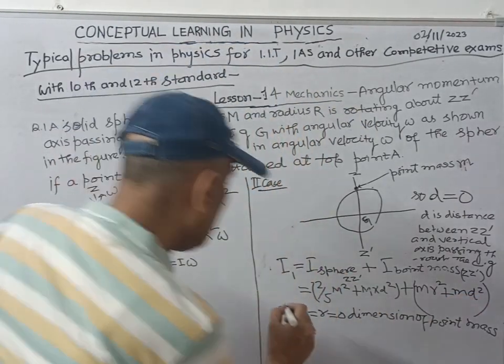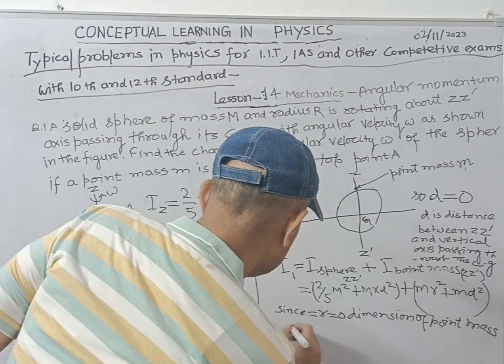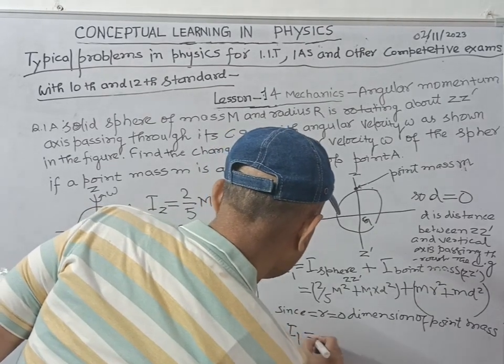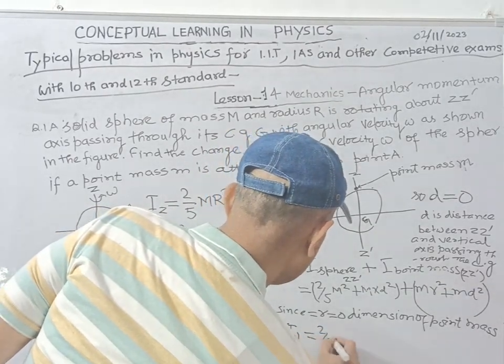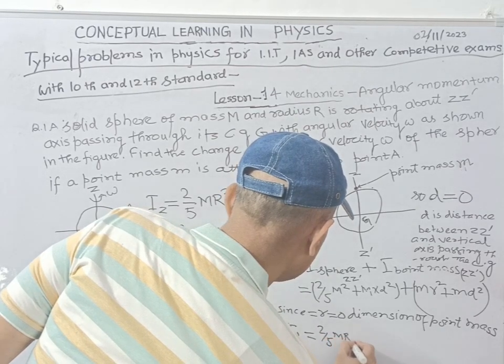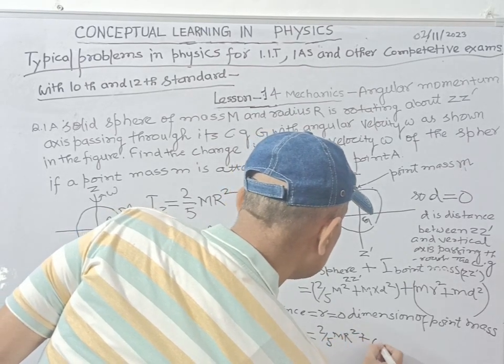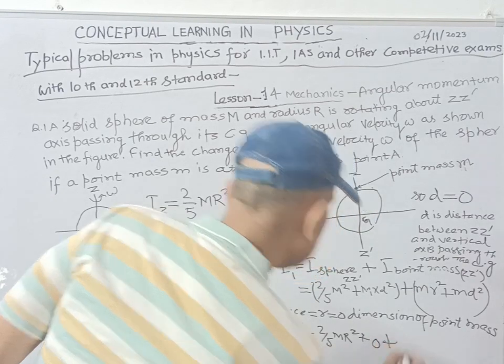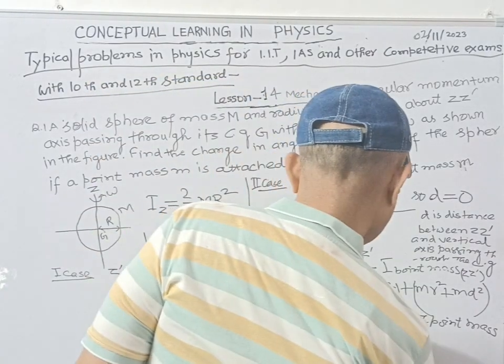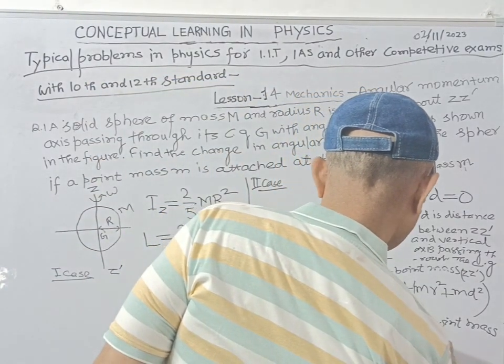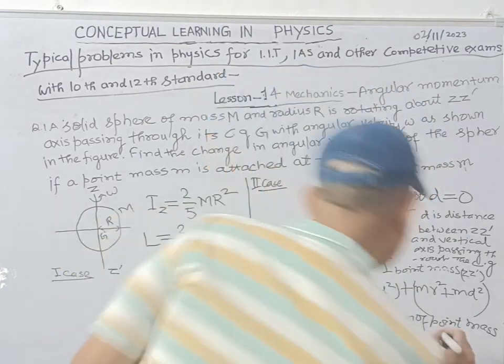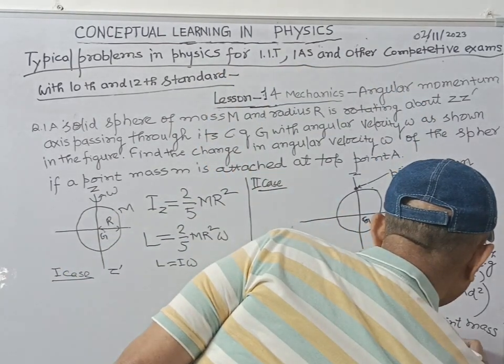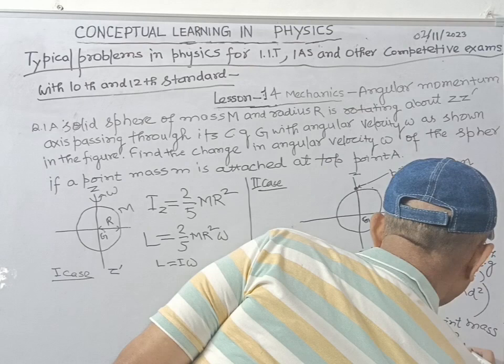Therefore I1 will be equal to 2 by 5 m r square plus 0 plus again 0 plus 0, which is equal to 2 by 5 m r square.